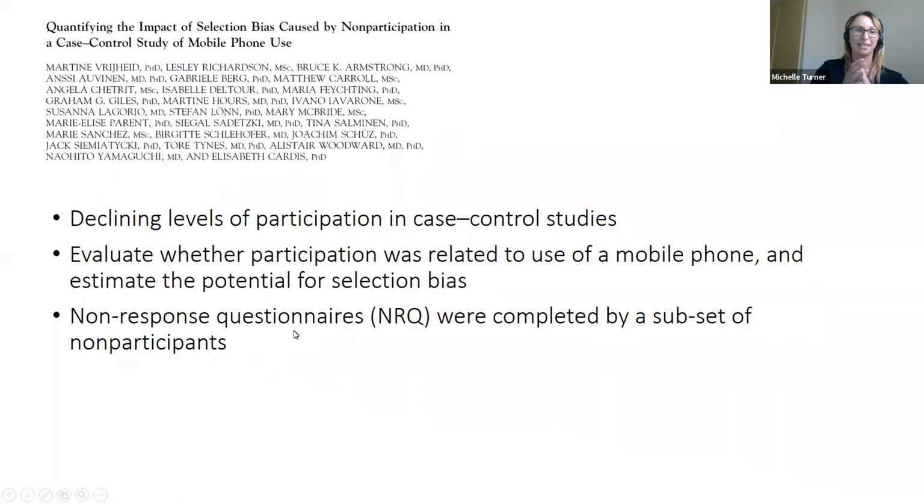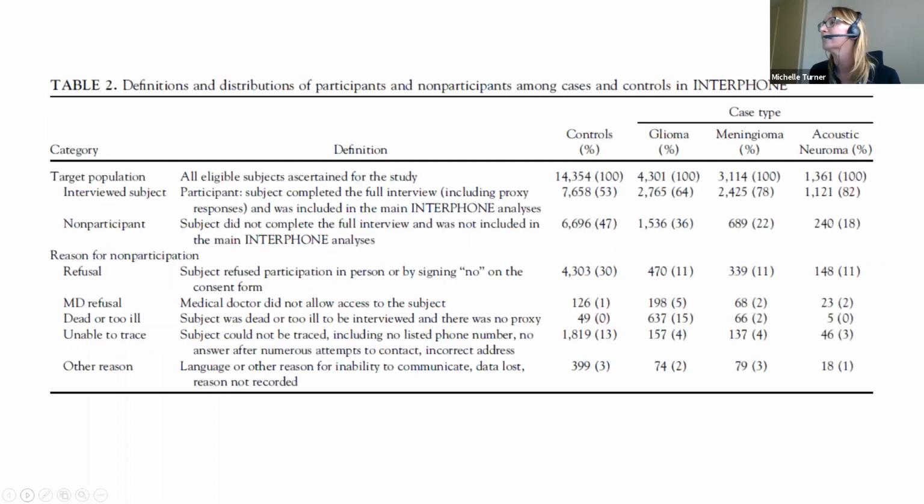Instead of the very, very long study questionnaire that full participants completed, they gave them just a very small, 5 or 10 question questionnaire, to get a minimal set of data on these non-participants in their study. So this summarizes the participants in the study.